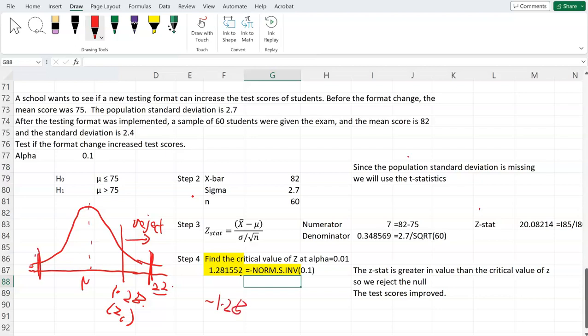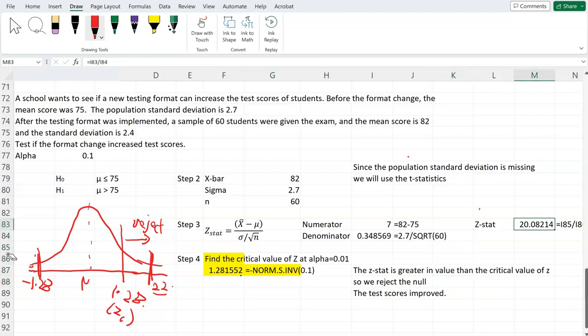But since the z table, or the normal distribution, is symmetric, negative 1.28 basically exactly mirrors positive 1.28. That's why there's a negative sign in front of the normal distribution formula. So everything else follows.